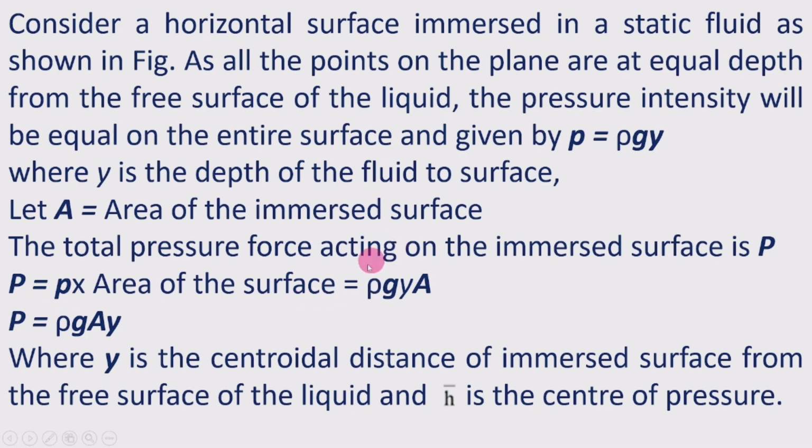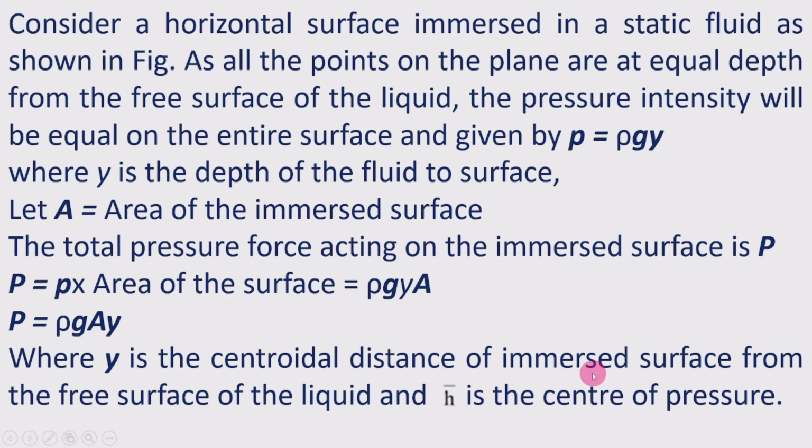The intensity of the pressure we have taken as rho g y, multiplied with the area of the surface, so P is equal to rho g y A, or this can be written as P is equal to rho g A into y bar, where y bar is the centroidal distance of the immersed surface from the free surface of the liquid, and h bar is the center of pressure.